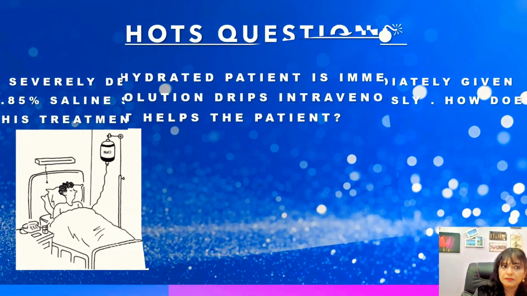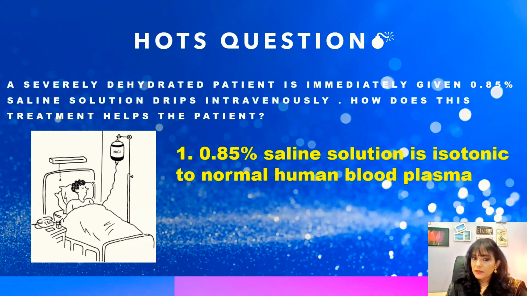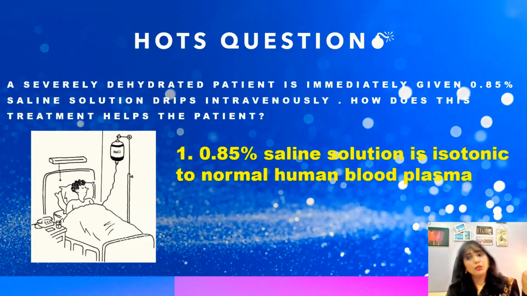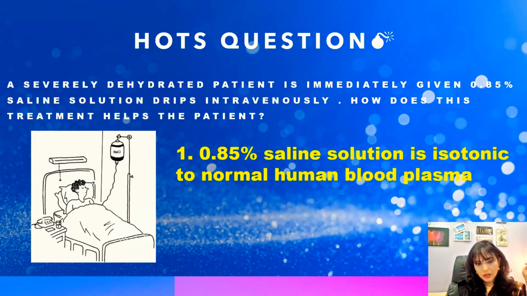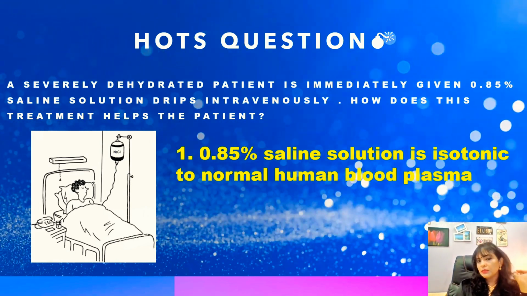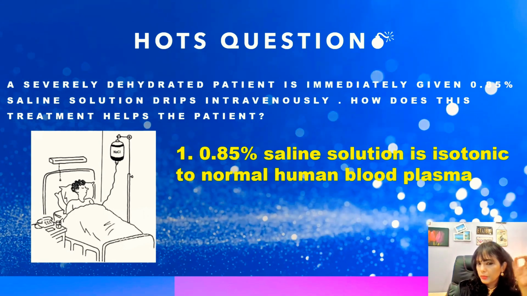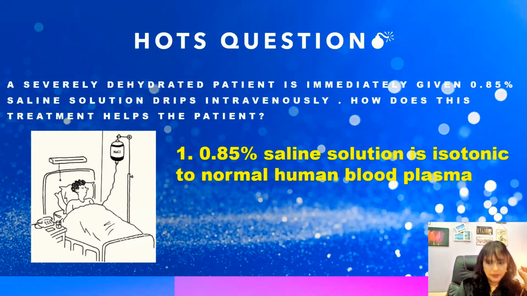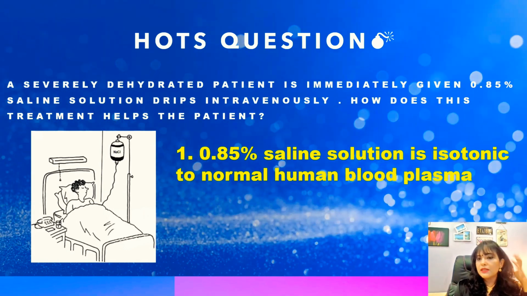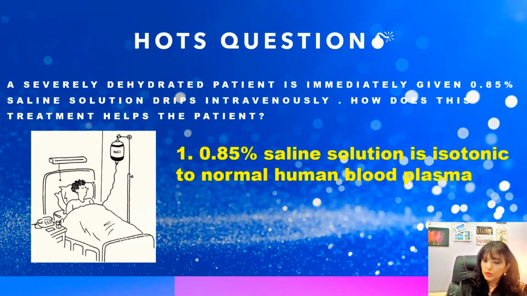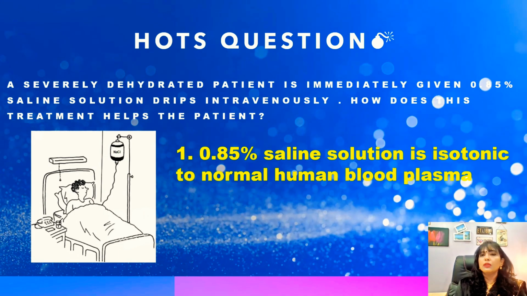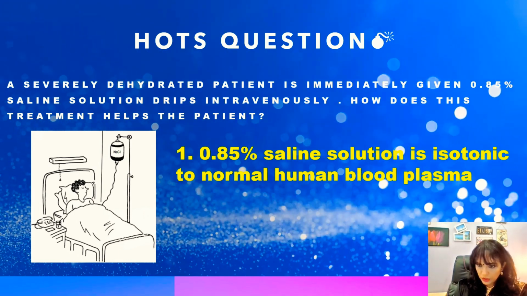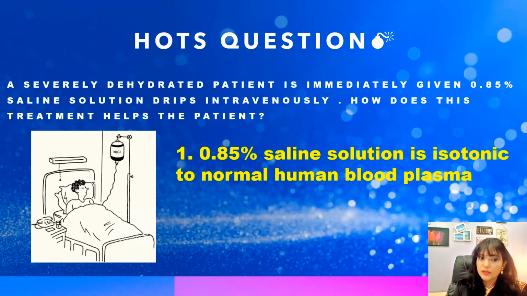Applying the first mantra, 0.85% saline solution is isotonic to normal human blood plasma. The normal human blood plasma is approximately 0.85 to 0.9%. So when you administer this saline solution, you are trying to get the human blood osmotic pressure back to normal. That is what this means.